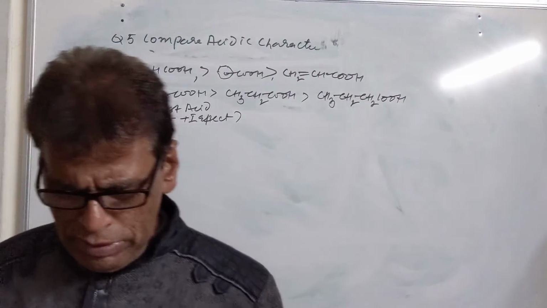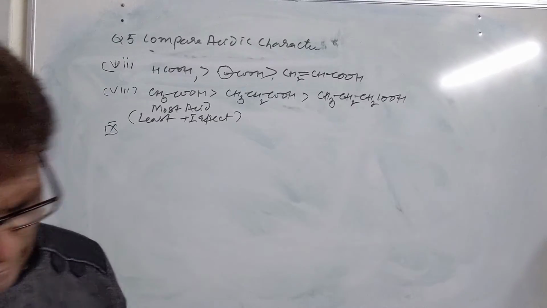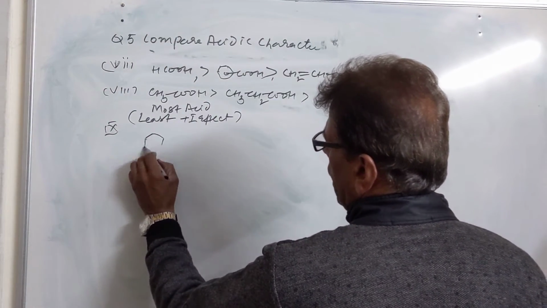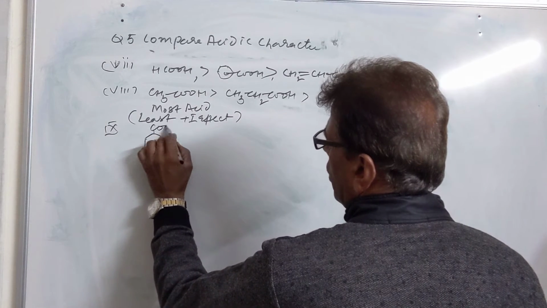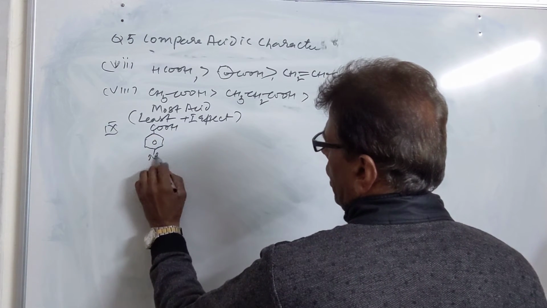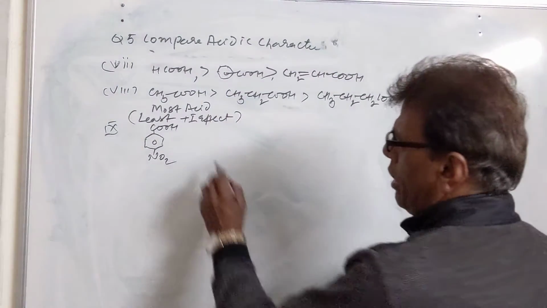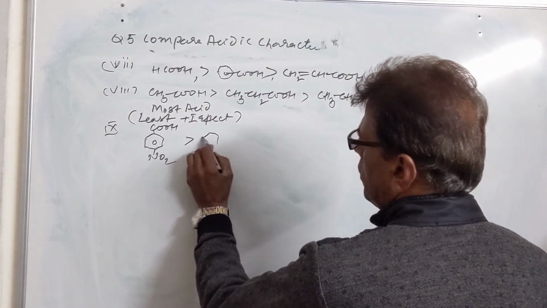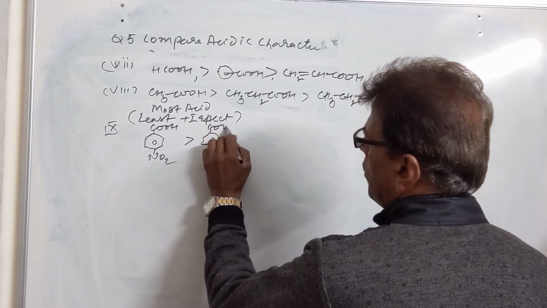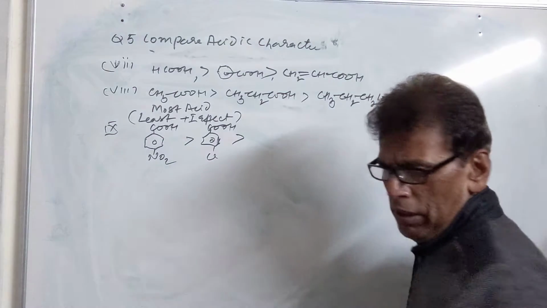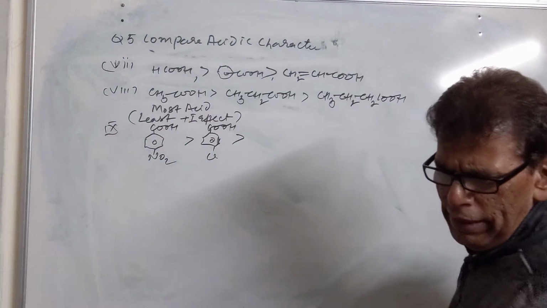Let us compare some aromatic carboxylic acids which have some electron withdrawing or electron repelling group. This is para-nitrobenzoic acid. The nitro group is present on the para position. Then we have para-chlorobenzoic acid. After this we have benzoic acid.